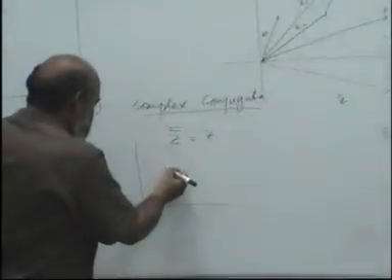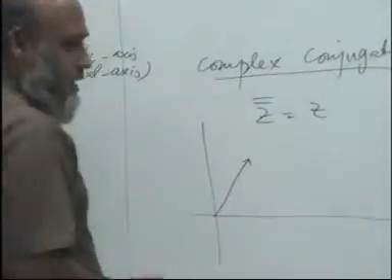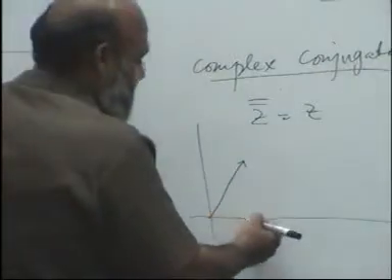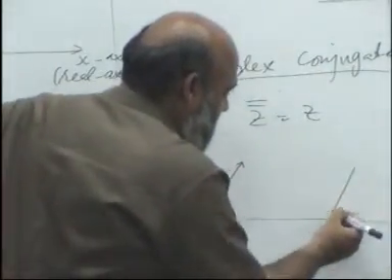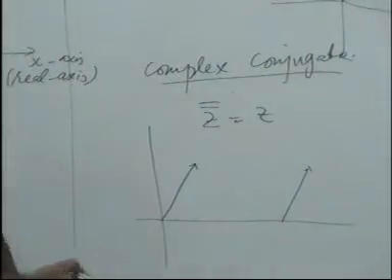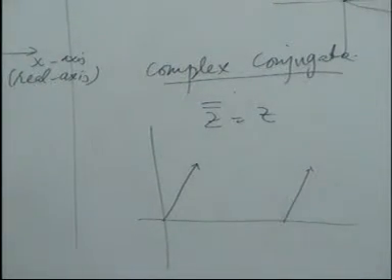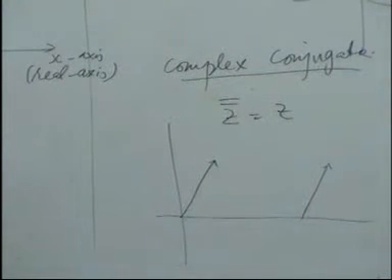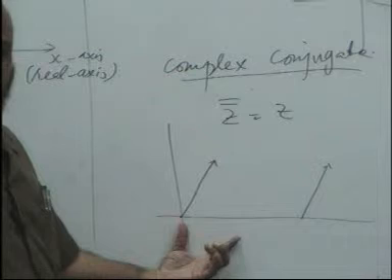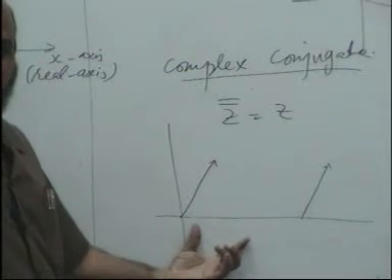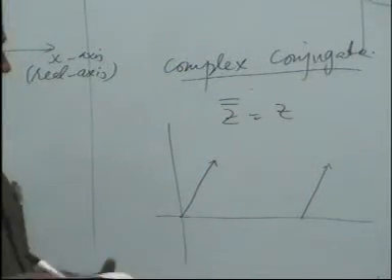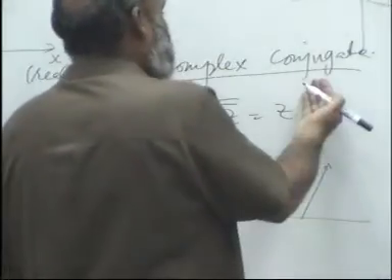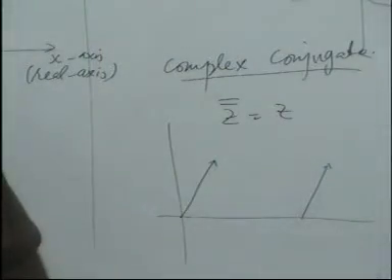For example, we have this vector. First we have translated this to this point. So in translation, what are we doing? We are increasing the real part only. First we increase the real part by certain units, say x units over here, and then it is translated again along the y-axis.